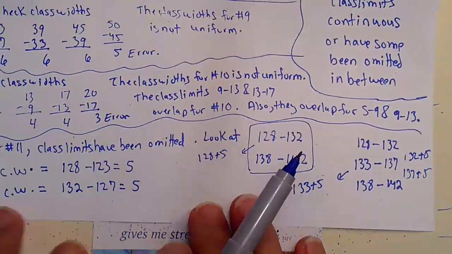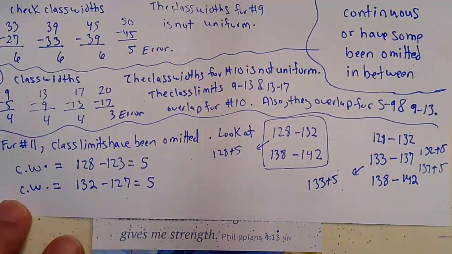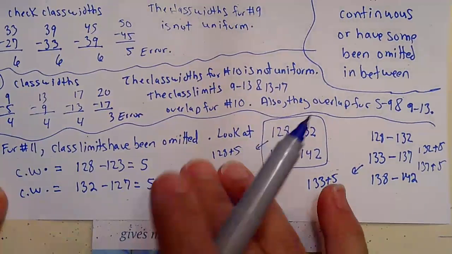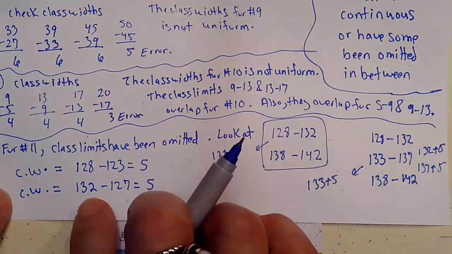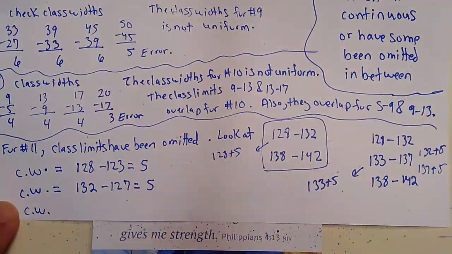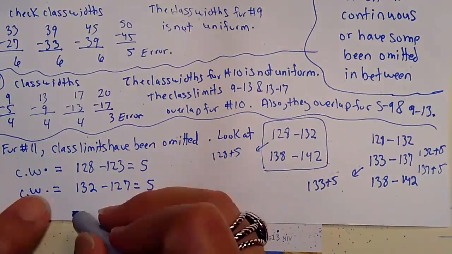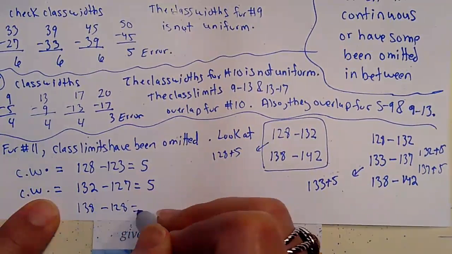Because obviously the class widths would also be erroneous. For 11, I did 128 minus 123, and then if I go to 138 minus 128, see, that gives you a 10.